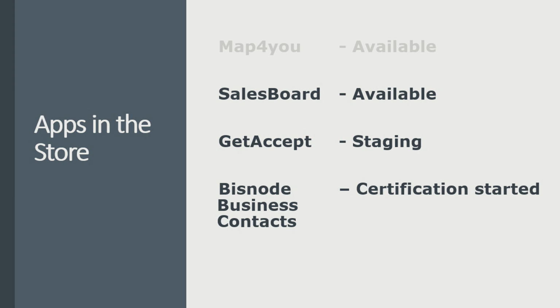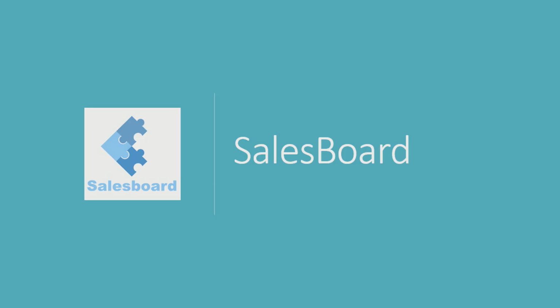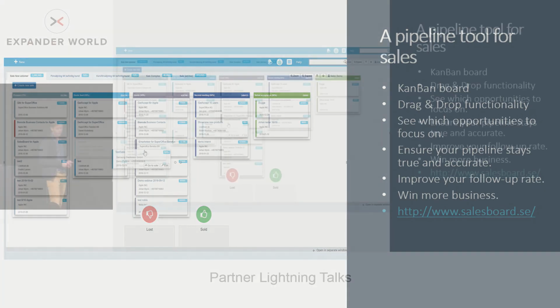We have 2 people here, Vilma and Jonathan, who work at GetAccept. So please get hold of them if you want to talk more. And then I'm going to talk a little bit about BizNode Business Contact, which is a solution for adding address data into SuperOffice.